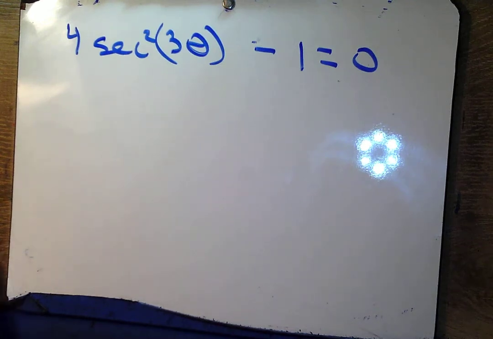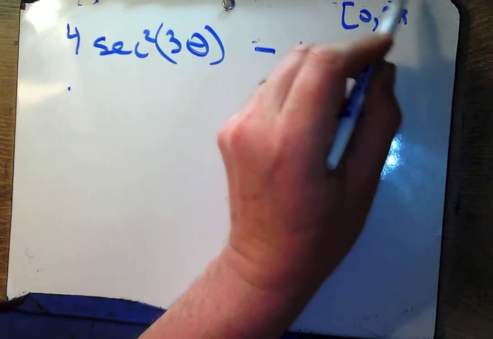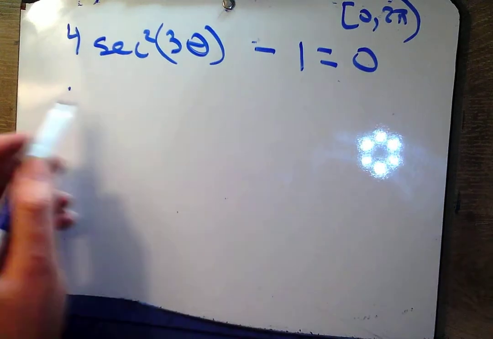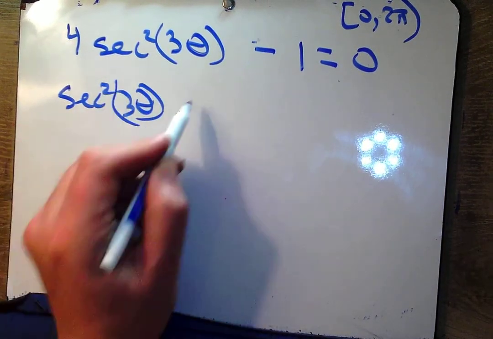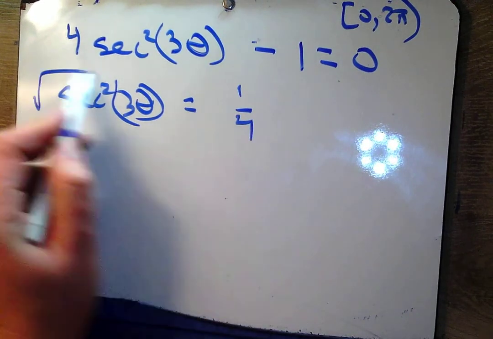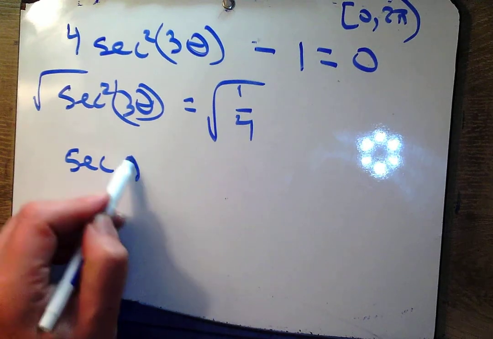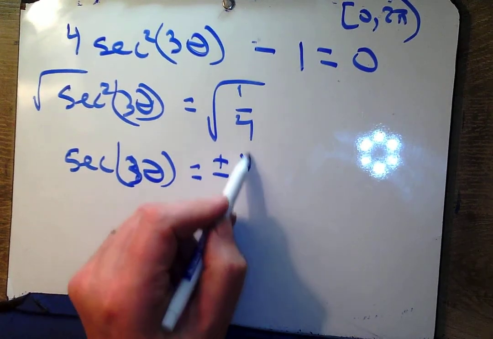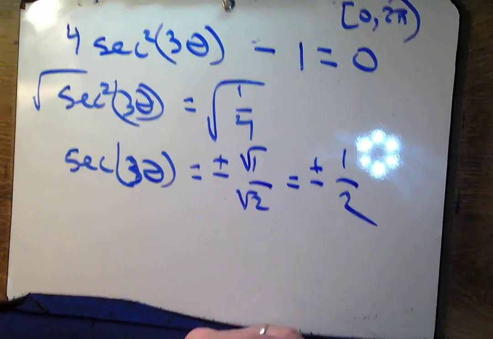Okay, so let's look on 0 to 2 pi. I add 1 to both sides and then divide by 4. Secant squared 3 theta equals 1/4. We'll take the square root, and we've got secant 3 theta equals plus and minus the square root of 1/4, or plus and minus 1/2.